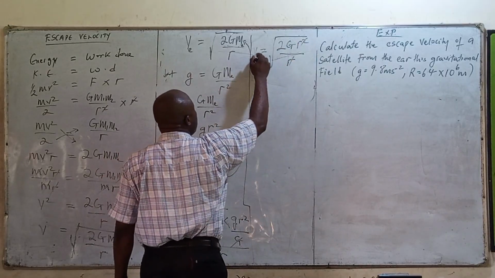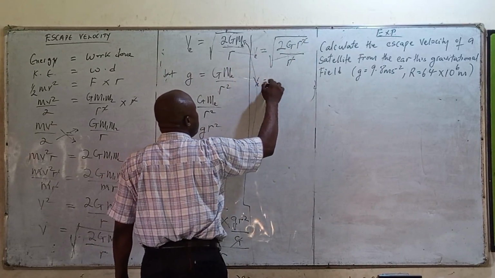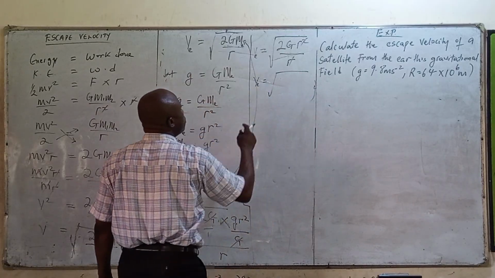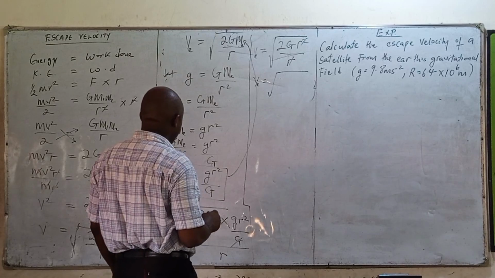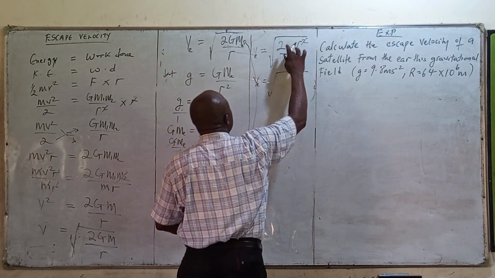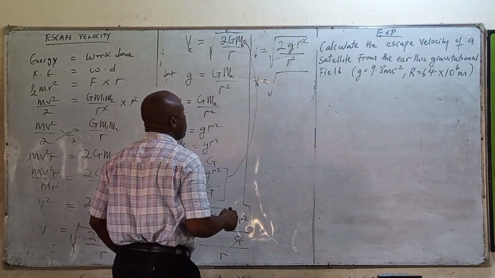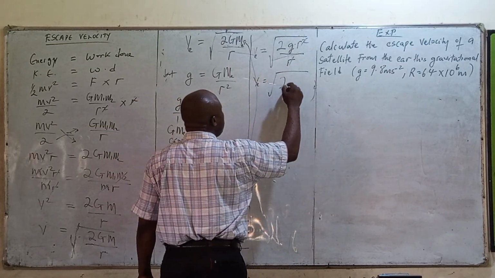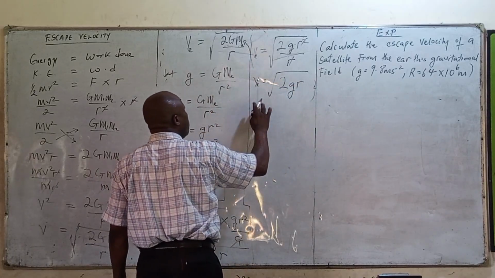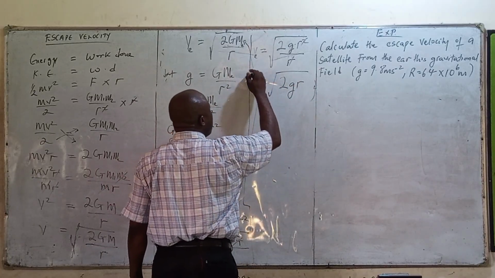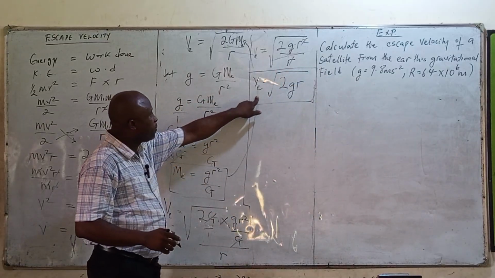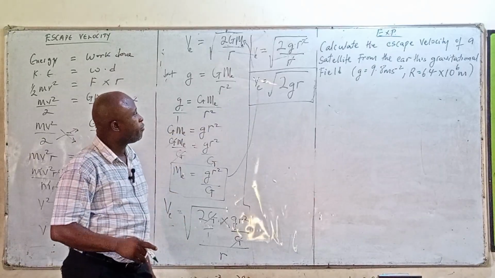So we are left with escape velocity VE equal to square root of 2gR. We were still having big G that is spreading, but this is supposed to be small g, not big g. So this expression, v subscript e, becomes an alternative expression for finding the escape velocity of the body.